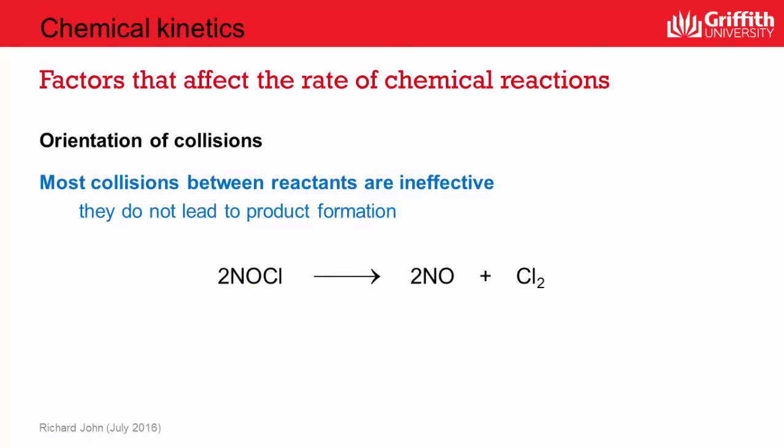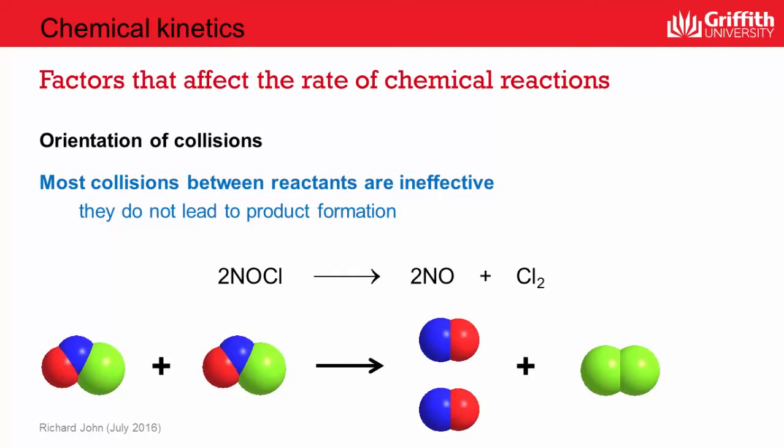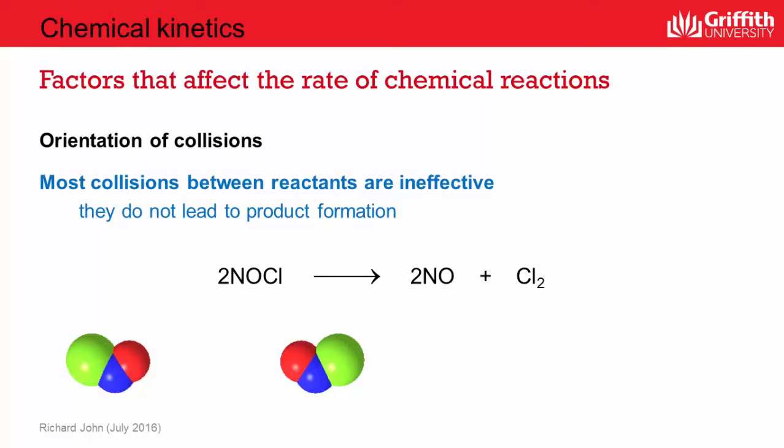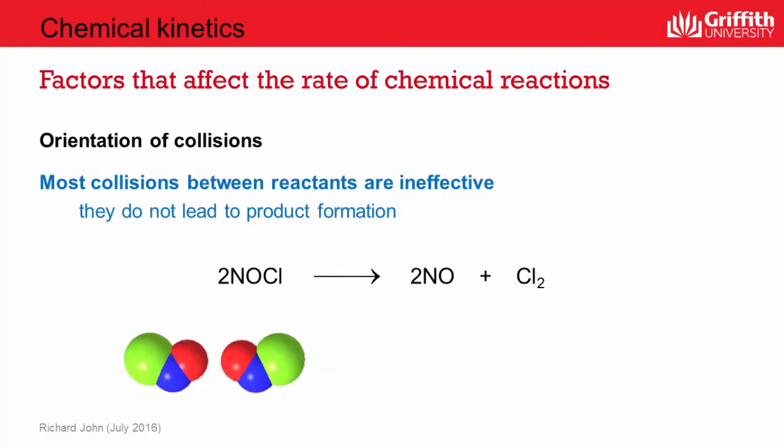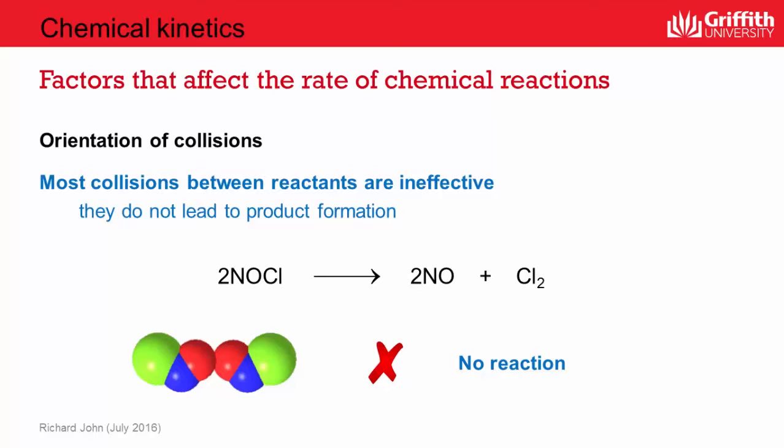So for example, let's consider the decomposition reaction of nitrosyl chloride to produce nitric oxide and elemental chlorine, and it can be represented via this chemical equation or via the space-filling electron cloud diagrams of the reactants and products involved. If the reactant molecules collide with this orientation, where there is limited opportunity to form the required bonds between the two chlorine atoms, then there is little chance of an effective collision leading to product formation.